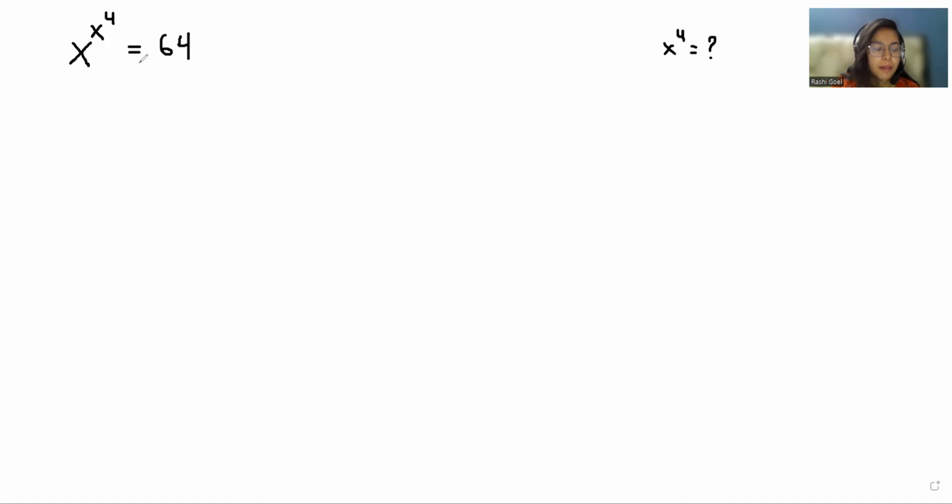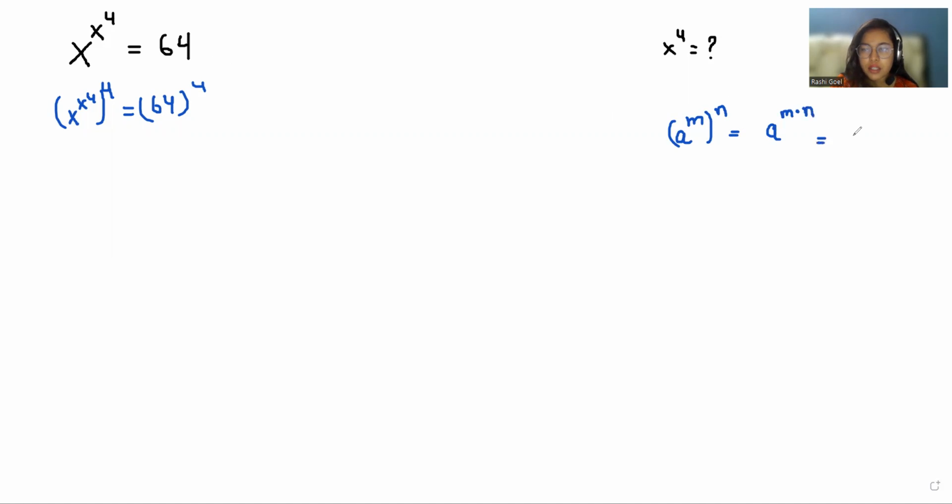In the first step, I am going to take the power of 4 on both sides. Now I'm going to use the property that (a^m)^n is equal to a^(mn), or we can say a^m to the power n.